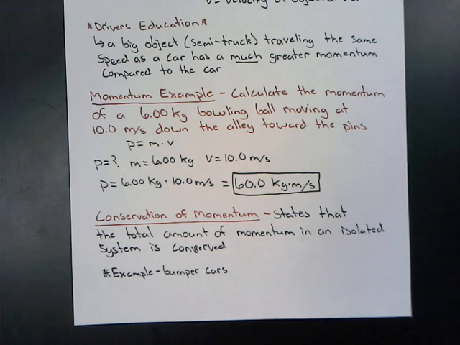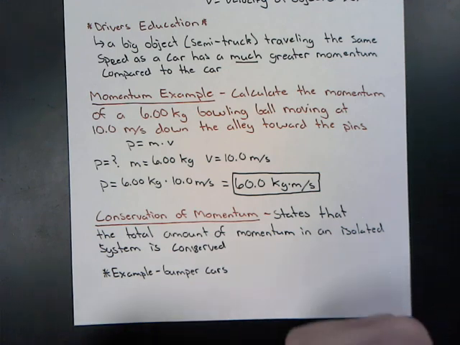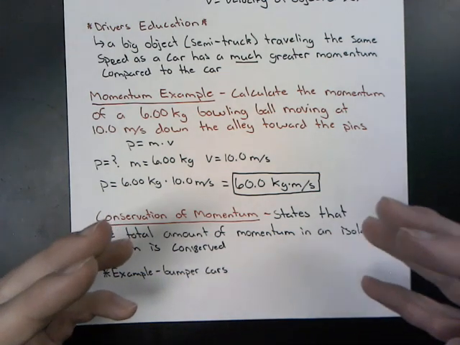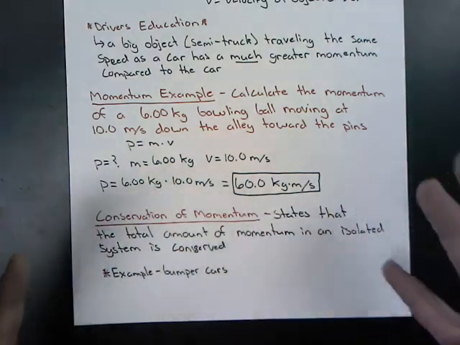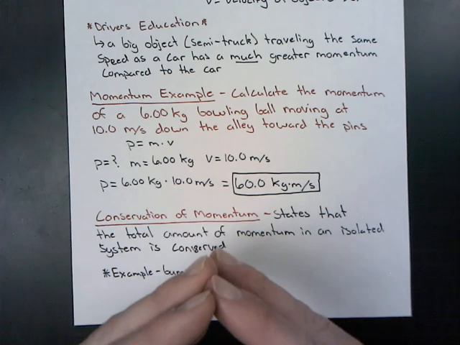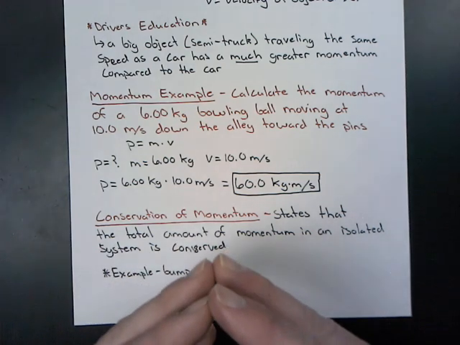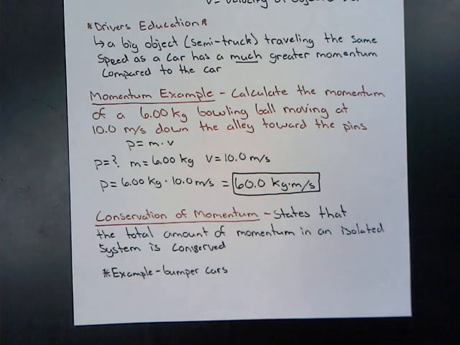If you're traveling at roughly the same speed, once you hit each other in those bumper cars, both of you are going to move backwards, but overall the momentum has to be conserved. To show you that, I'm going to bring out another one of those cars, and we'll end notes with an example. So let me get those out and we'll get started here.